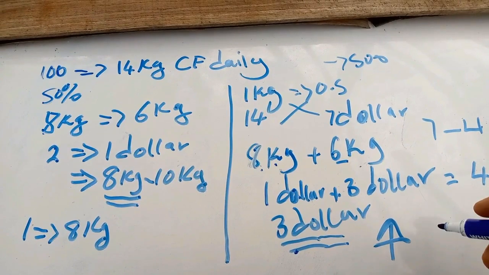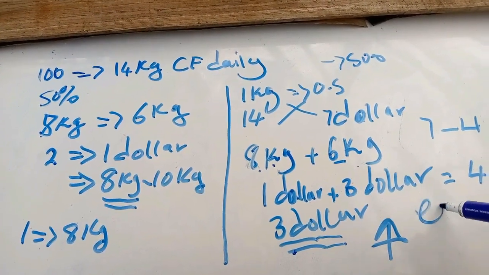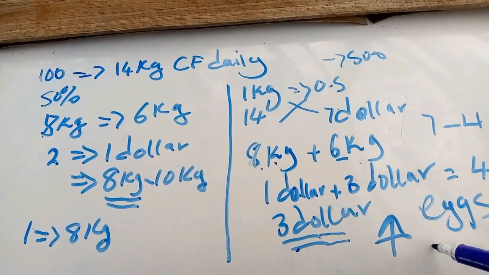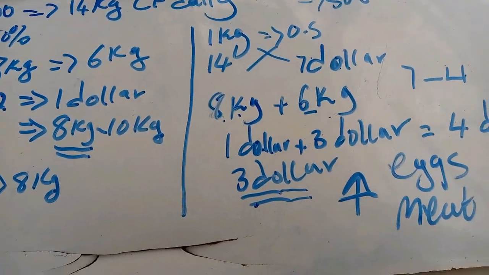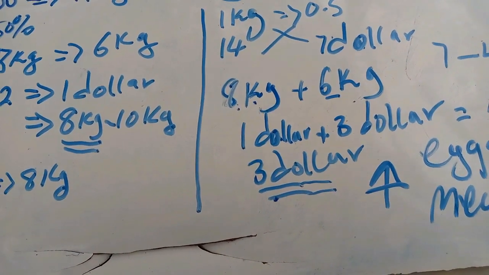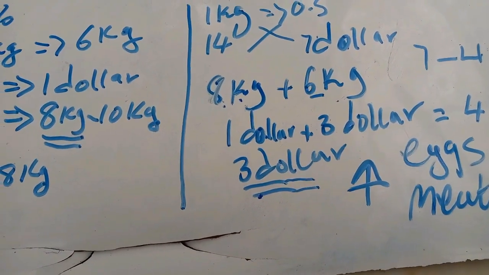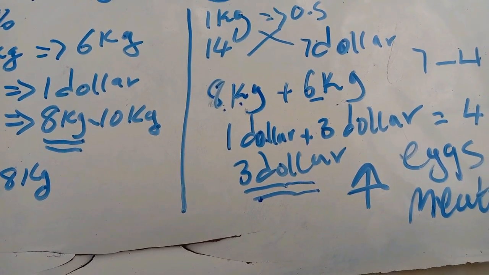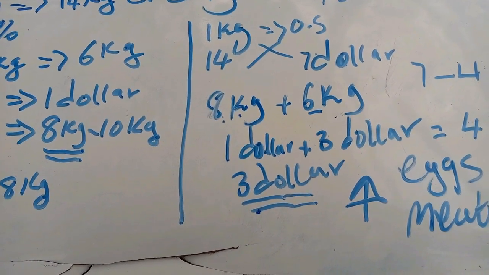The quality of the products, the eggs and the quality of the meat, must also go high. The immunity also will definitely go high. So therefore, farmers, let us do this farming.